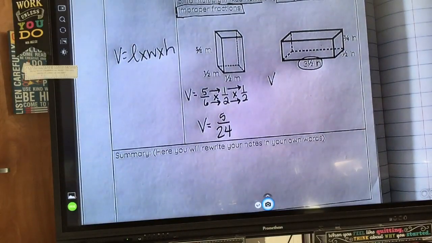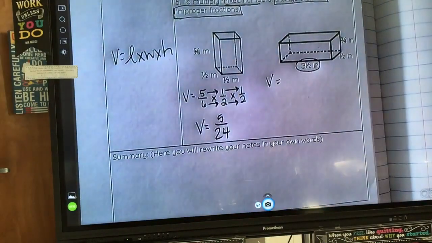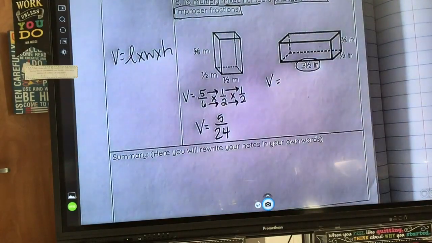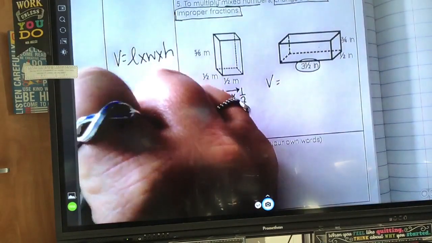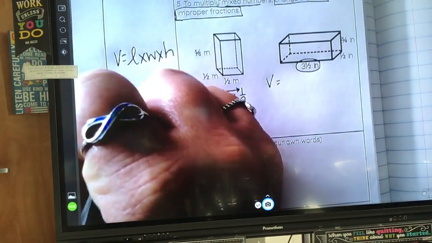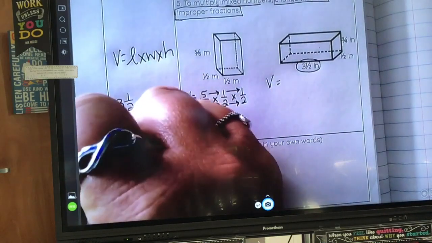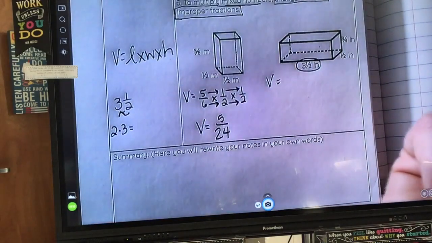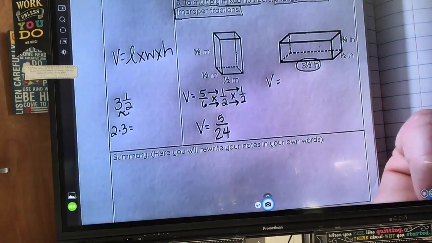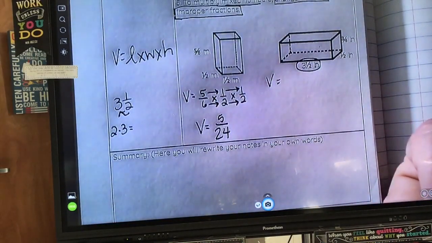Alright, so now before we get started, what do we have to do with our mixed number? Multiply the whole number by the denominator. So we have to change it to what? Alright, so over here I have 3 1/2, so I'm going to multiply 2 times 3, which gives me what? 6.